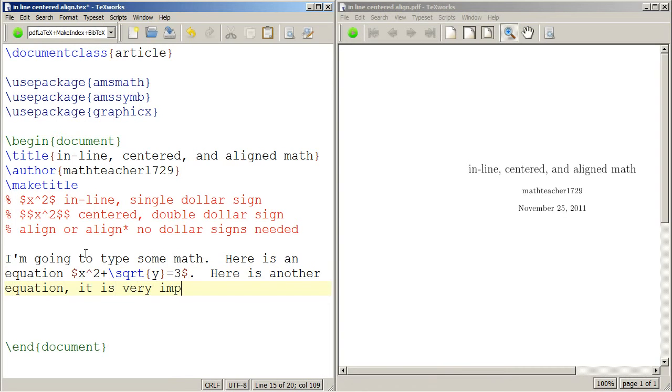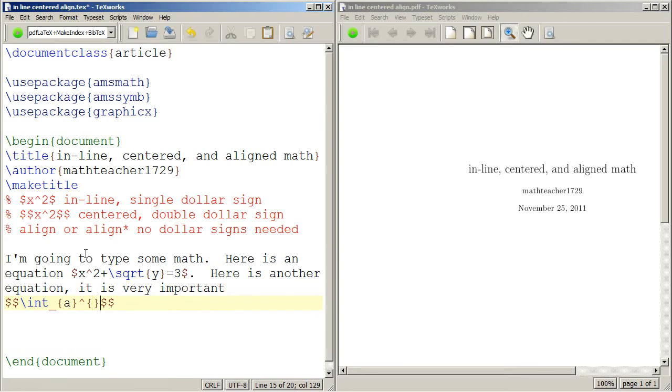It is very important. I will use double dollar signs. This will center it. Let's do integral from a to b f of x dx. That is an integral. That's just showing what happens with the rest of the sentence. And then I'll show you some aligned math later.